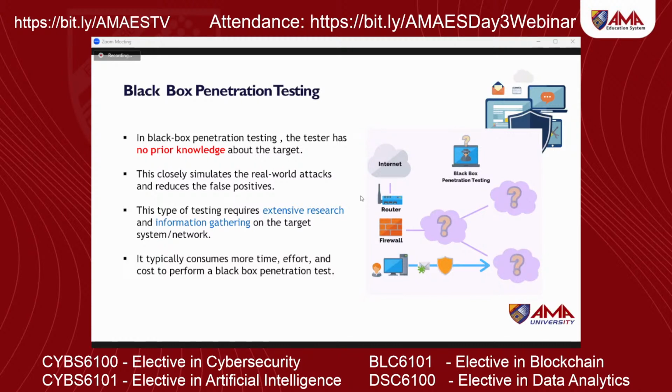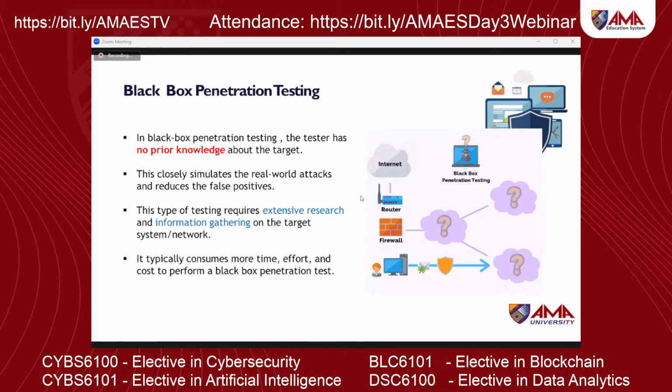So this type of testing requires extensive research and information gathering on the target system or networks. So dito talagang kailangan mag-consume ng time, effort, and cost to perform a black box penetration test at hindi ito mabilisan.